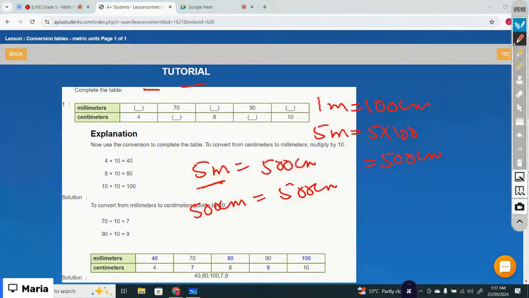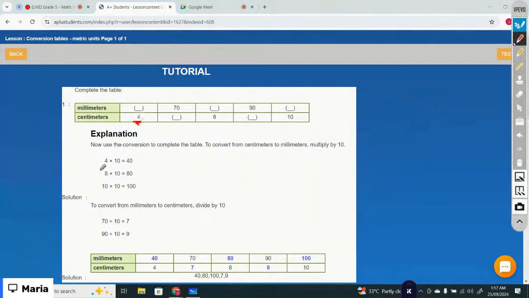Right. So here you have 4 centiliters, right? To convert from centiliters to milliliters, you have to multiply by 10. You have to do 4 times 10, and that is 40. For 8, you have to do 8 times 10, that is 80. That's a conversion from centiliter to milliliter, right? And 10 times 10, that is 100.